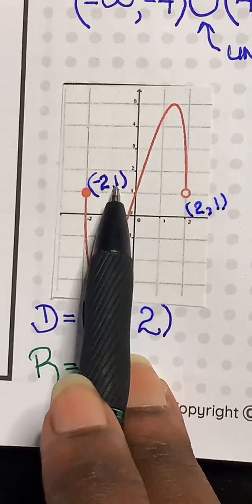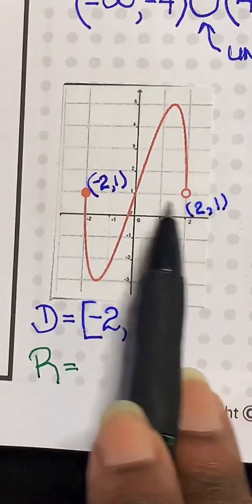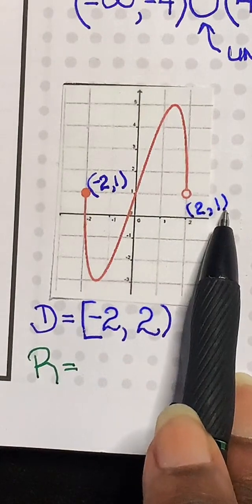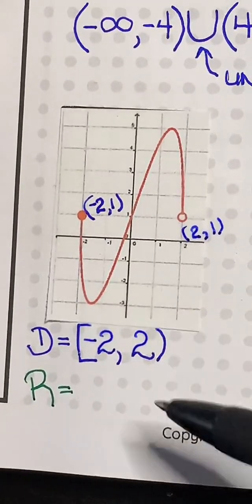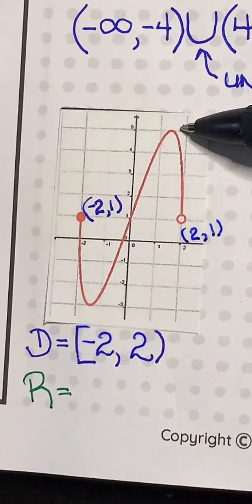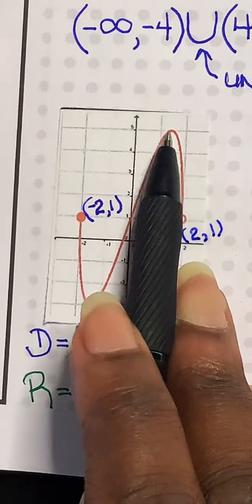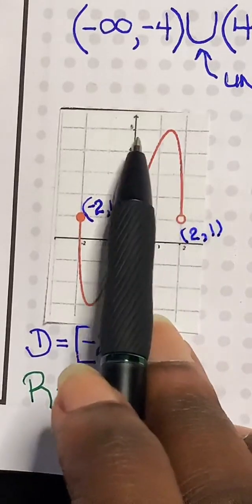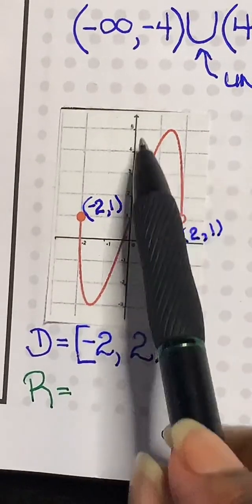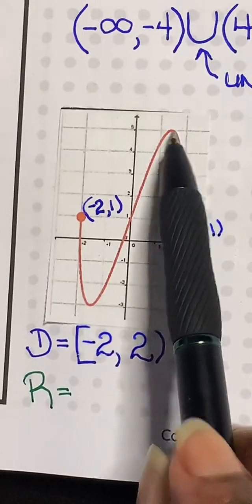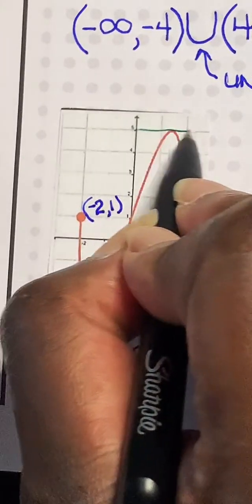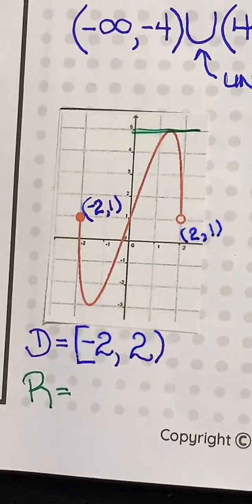It has nothing to do with the y's of these points. So we want to know how tall it is. Well, this is the highest that it can go. And this is happening at, what's this, 5? Yep, 5. So my tallest point is happening here at 5.